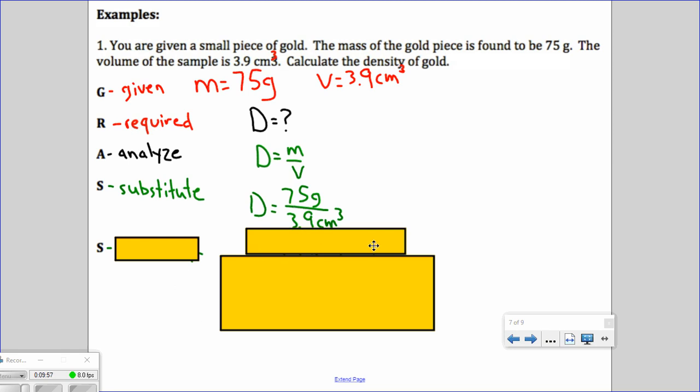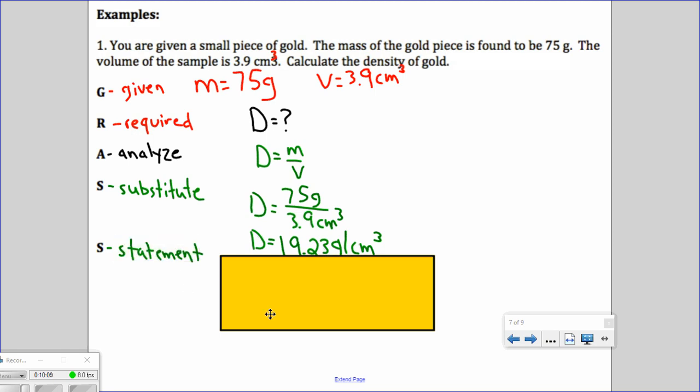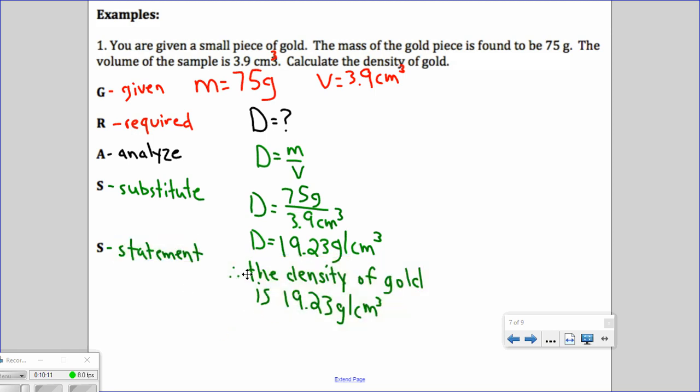When we solve for that, we get a density of 19.23 grams per centimeter cubed. And then we can have our therefore statement. Therefore, the density of gold is 19.23 grams per centimeter cubed.